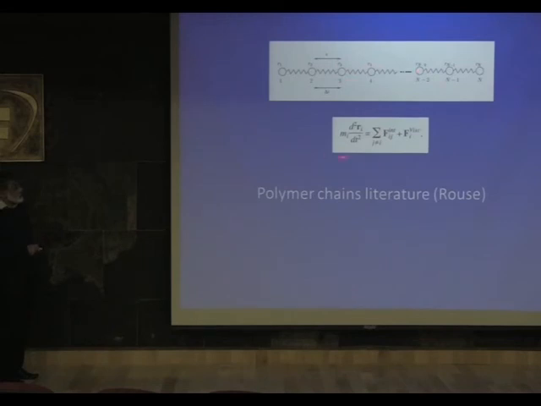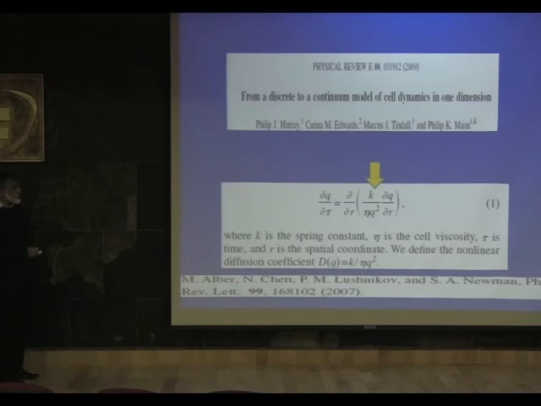Then you can decide this is a linear spring or a nonlinear spring, etc., to get the forces. And you can come up with an equation for the density as a function of time and space. And these are spring constants. And what you see in the limit is you get a nonlinear diffusion equation with a very strange nonlinearity, a 1 over q squared nonlinearity.